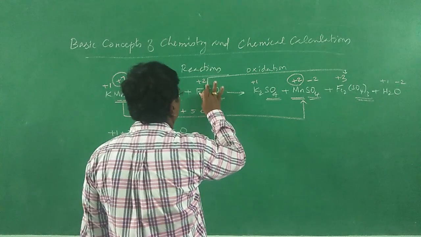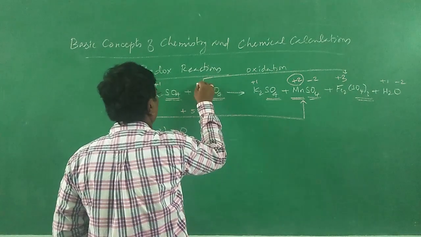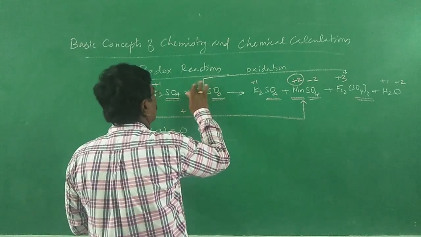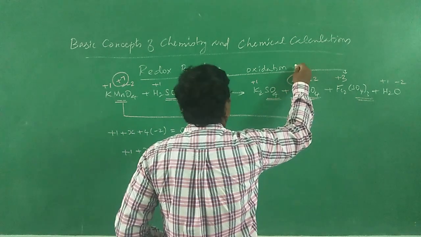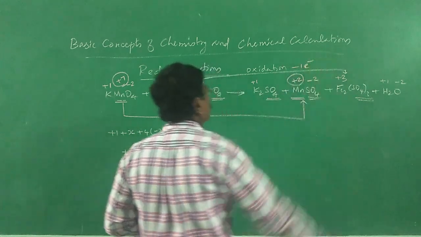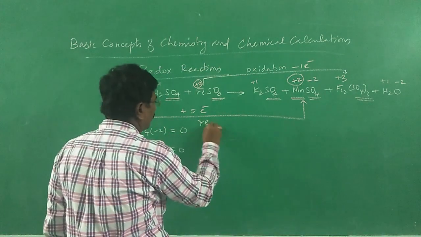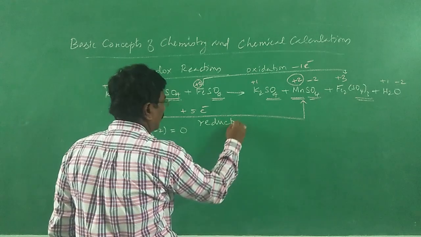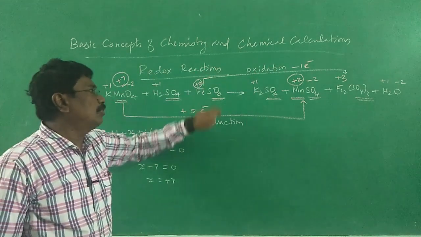Loss of 1 electron by iron from plus 2 to plus 3. Loss of 1 electron, minus 1 e. So that is oxidation, here it is reduction. Addition of electron is reduction. Removal of electron is oxidation. And oxidation and reduction go hand in hand.